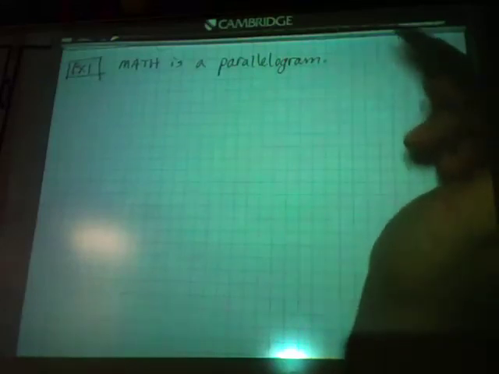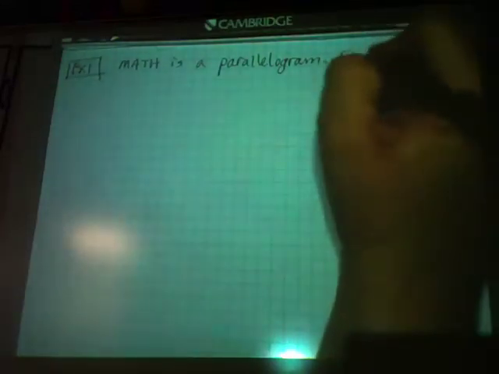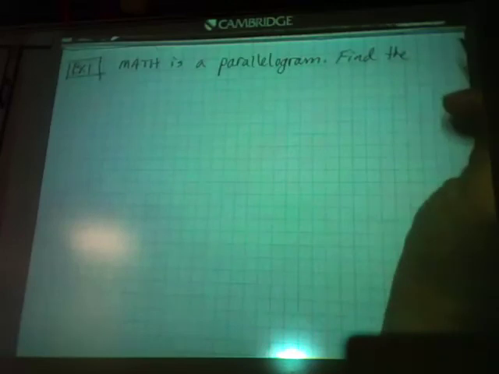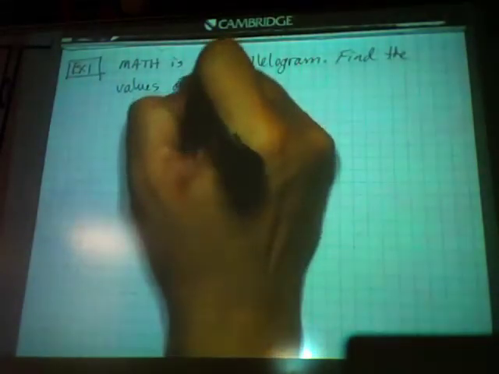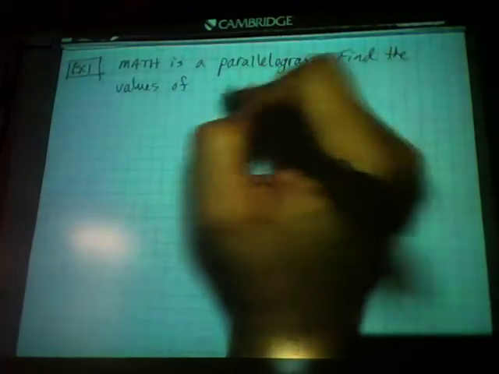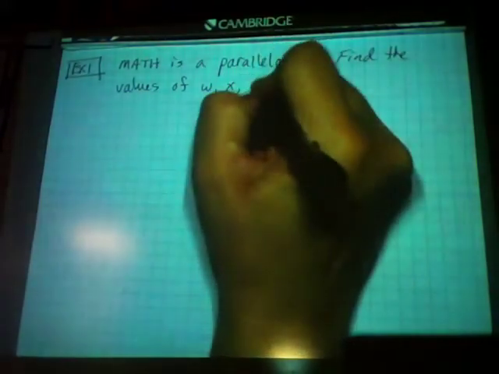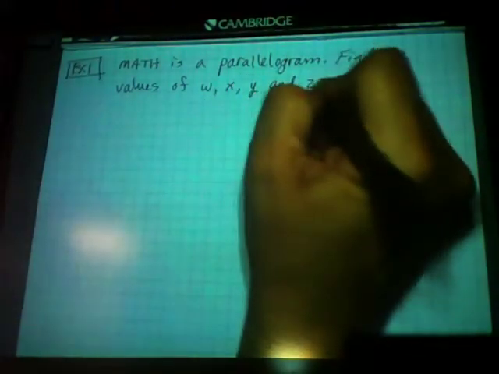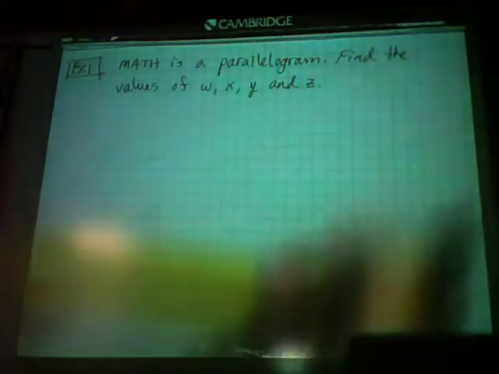And then this one goes on to say, find the values of W, X, Y, and Z. And your picture looks like this.